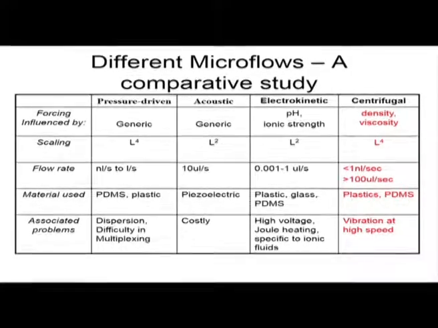we will start with different microflows, a comparative study. We will compare 4 types of actuation, not that these are the only types of actuation: pressure driven, acoustic, electrokinetic and centrifugal.